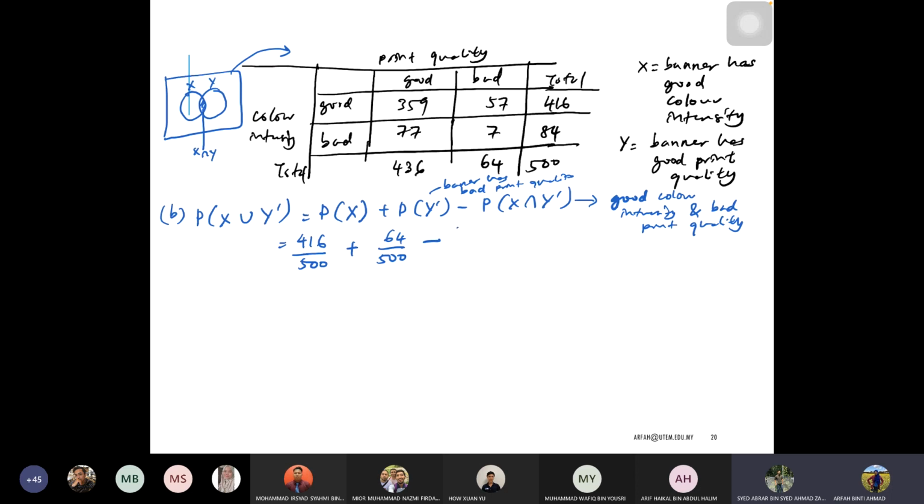Betul. 57 per 500. Okay. So kira awak akan dapat 423 per 500 akan sama dengan 0.846. Okay, tu jawapan dia. So tengok nilai kebarangkalian dia memang tak sampai 1.